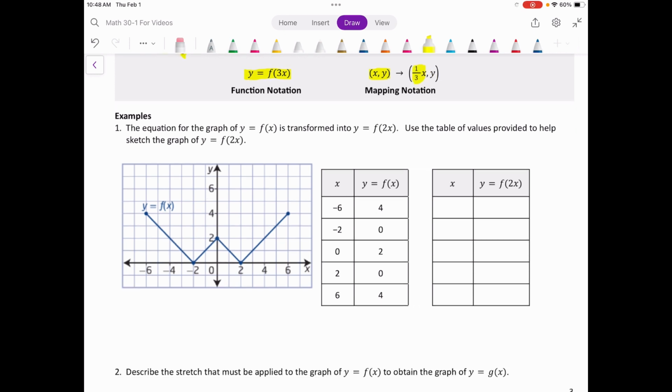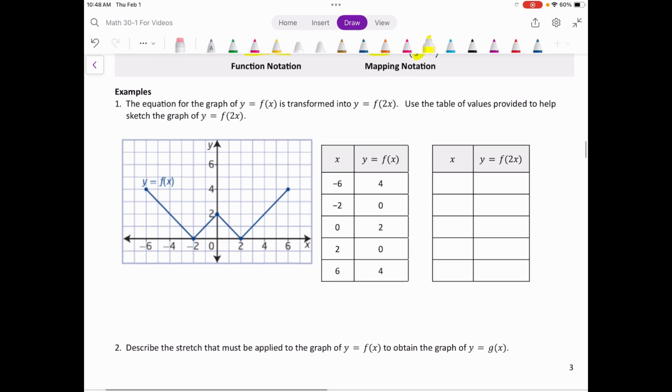Okay, let's try this out. So some examples here. Let's stretch a graph horizontally. So we've got the graph of y equals f of x being transformed into y equals f of 2x. Function notation allows us to pick out what's happening. So this shows me my b is 2, but be careful. What does that mean the horizontal stretch is?